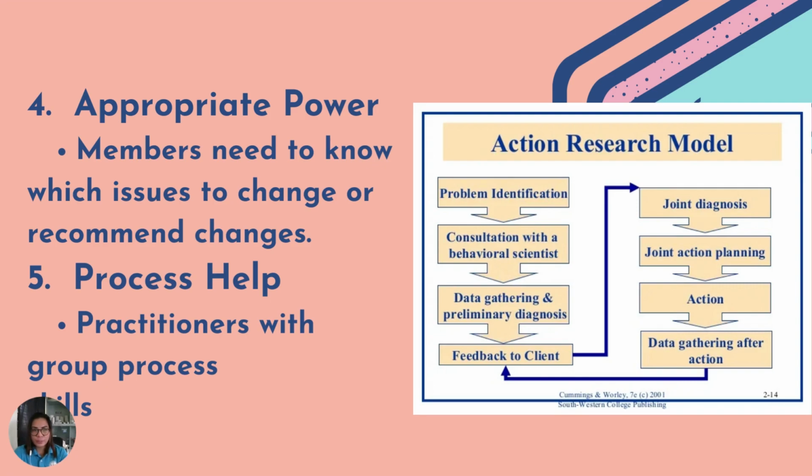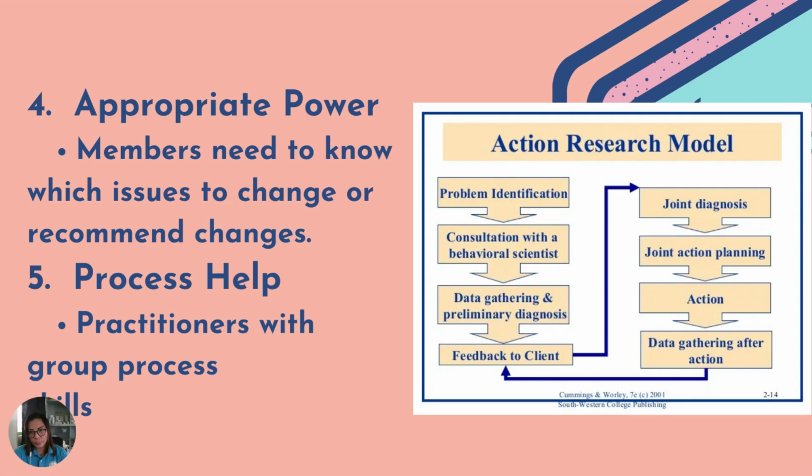And the fifth one is the process help, with practitioners with group process skills. So here the feedback meeting requires assistance in working together as a group, because when the data are negative, the implications deflect the conversations onto safer subjects.